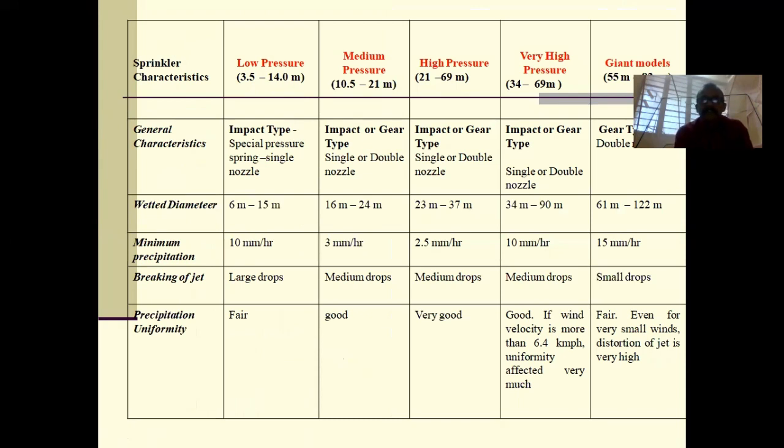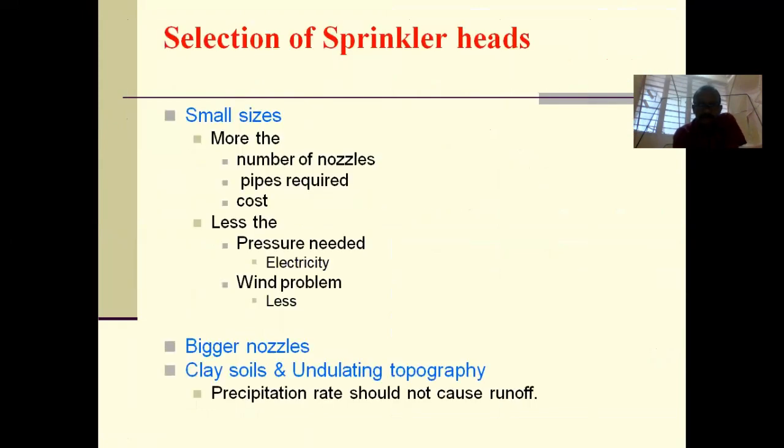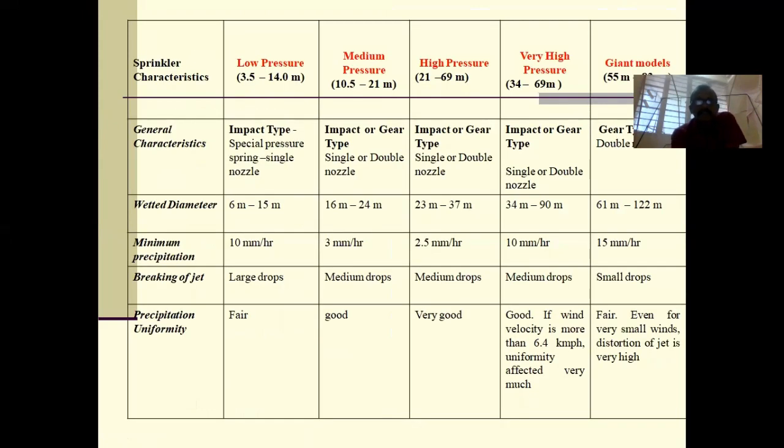And this class of sprinklers, most of the time they are impact type, and they have a special pressure spring, and most of the time they are single nozzle, and they get a diameter of 6 meters to 15 meters. And the minimum precipitation from those sprinklers is 10 millimeter per hour, and most of the time they have a large drop. And uniformity of sprinkling we obtain from low pressure sprinklers is fair.